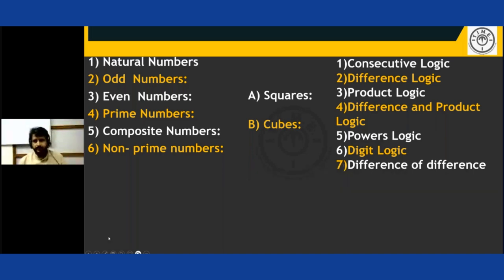Now, one more important model is difference of difference. It's similar to the second logic, but difference of difference. Let me give you an example, you'll get the idea.